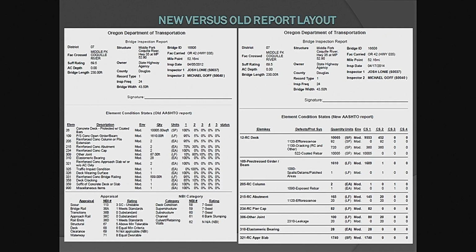It's on a linear foot. So let's say our bridge is 20 feet and we've got 5 girder lines. So we've got 100 feet of girder. As they go through and they're inspecting, they're going to come along and they'll say, okay, I've got a crack at 3 feet in from the end of the girder.